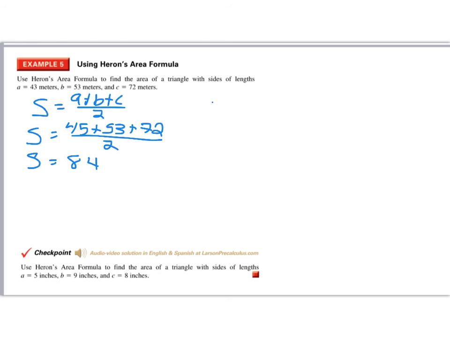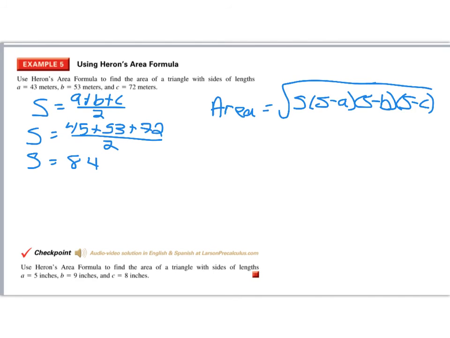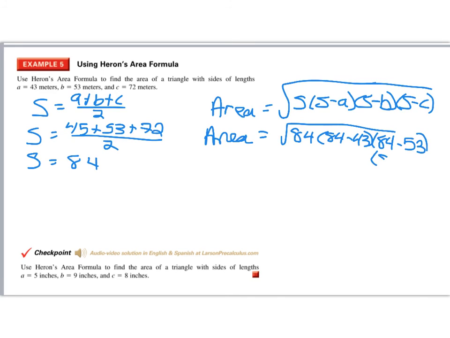Now we'll use the area formula: S times S minus A times S minus B times S minus C. So the area is equal to 84 times 84 minus 43, and then 84 minus 53, and 84 minus 72, all of this under the square root.